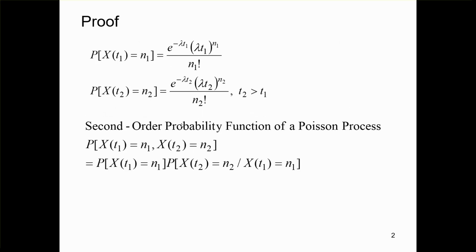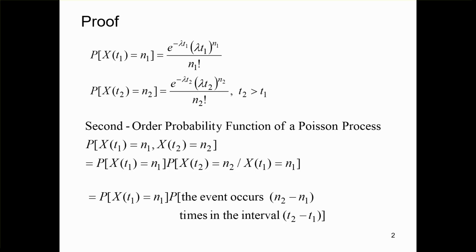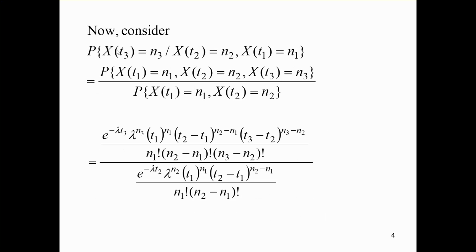What we are actually going to prove in this probability, I should first recall what this X(t) equals n represents in Poisson process. This represents that in time t2 the number of occurrences is n2, in time t1 the number of occurrences is n1, and in time t3 the occurrences are n3.